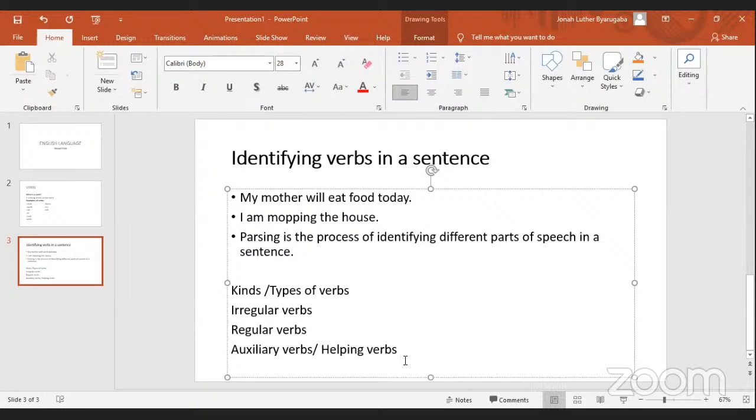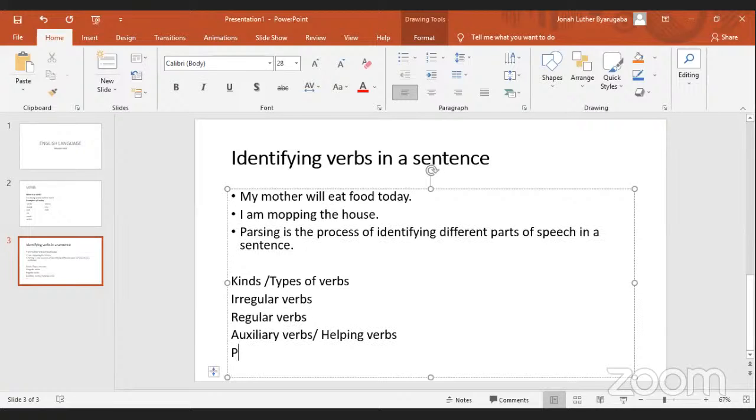Then we have another type called phrasal verbs. What are phrasal verbs? The word phrasal comes from the word phrase. So these are verbs that are in pairs, in twos or threes. They are together. They are more than one word.